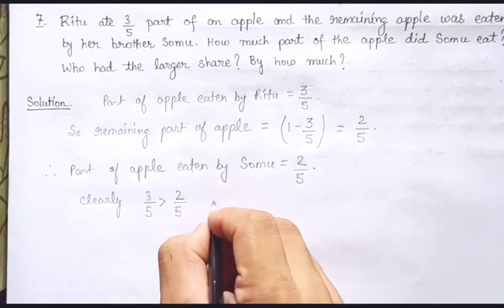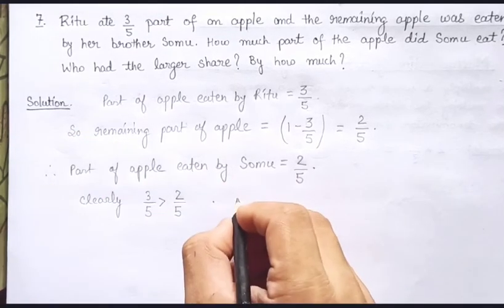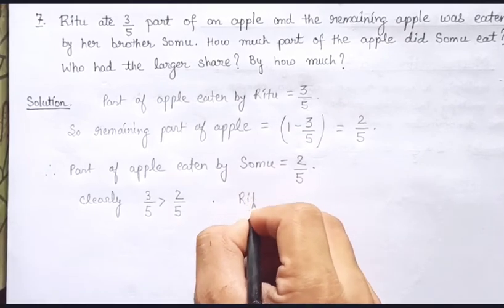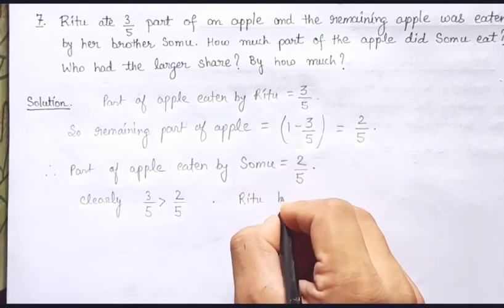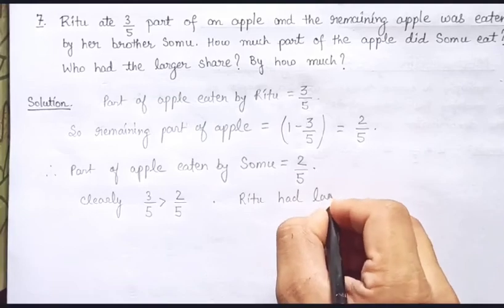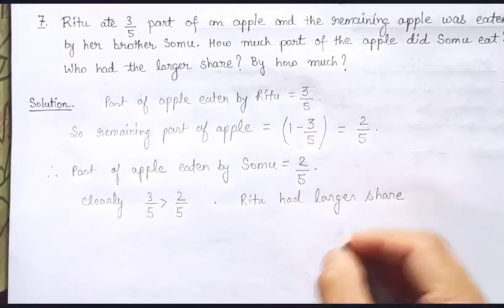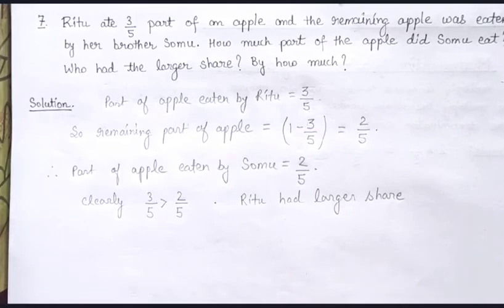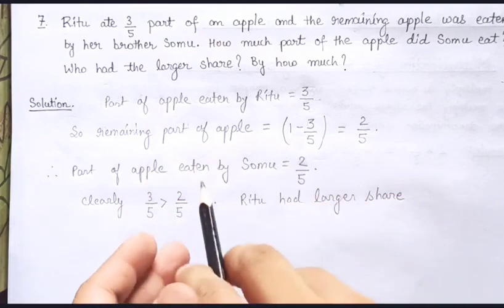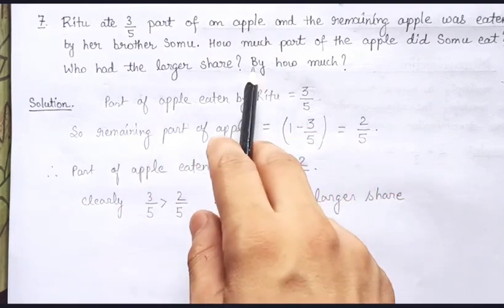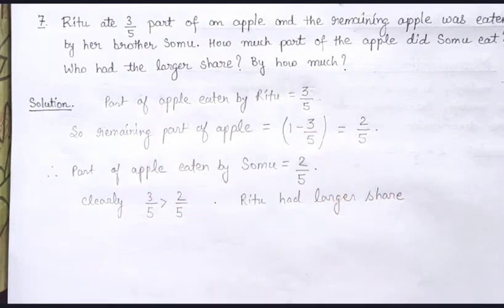So we can write, Ritu had the larger share because she had eaten the larger part. Now we have to find out by how much. It means we have to find the difference of these two parts eaten by Ritu and Somu. So let us take the difference.